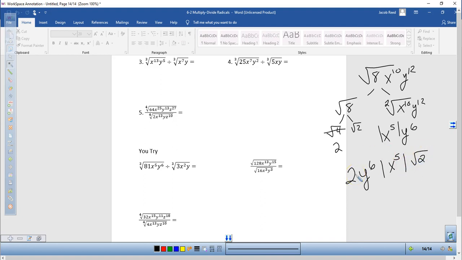Now, I know some of you are thinking, how do I write my answer? Technically, commutative property of multiplication says that I can multiply any set of numbers in any order and get the same answer. One thing I would suggest is maybe write it in this format here, where we have number, variables that are not absolute value, and then root at the end.